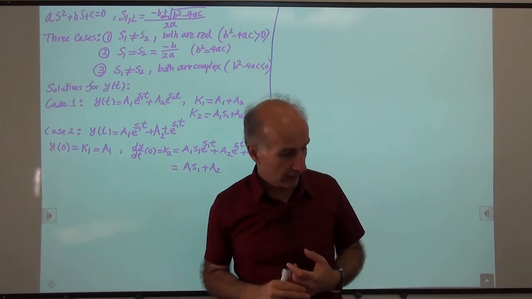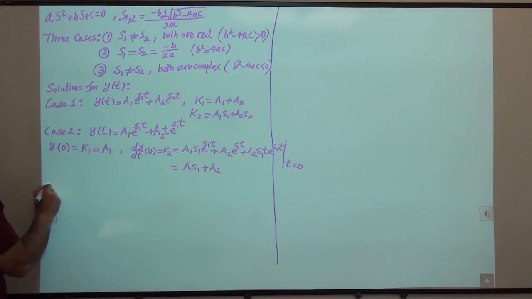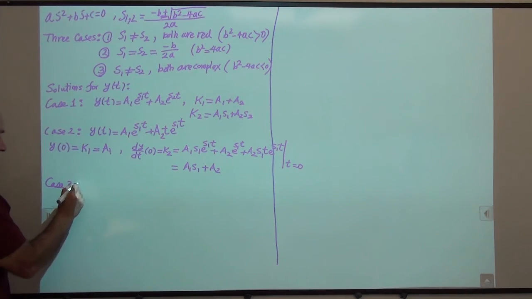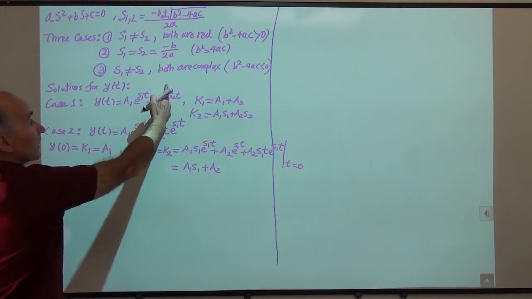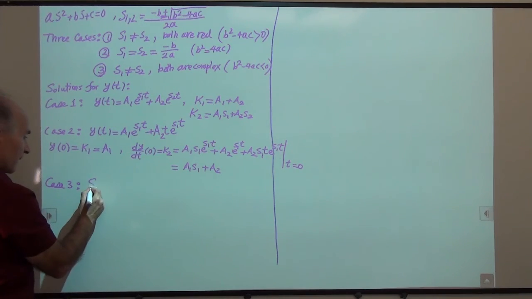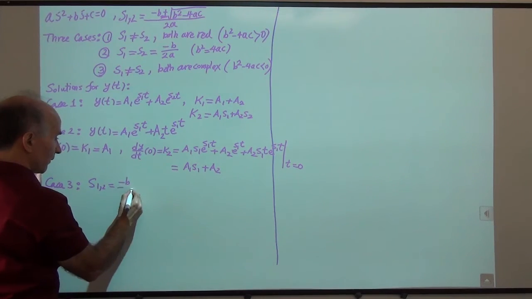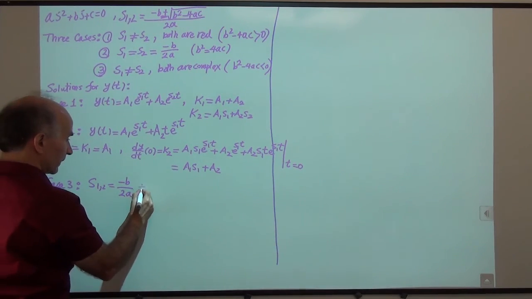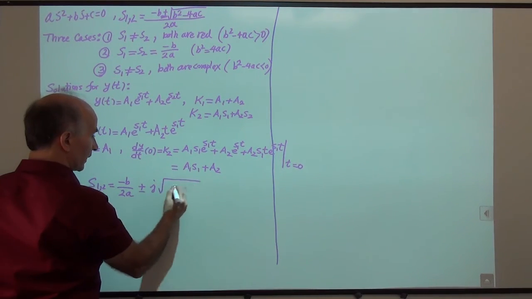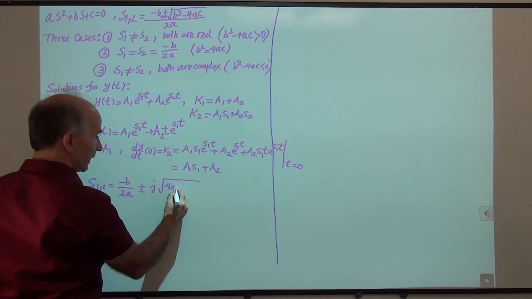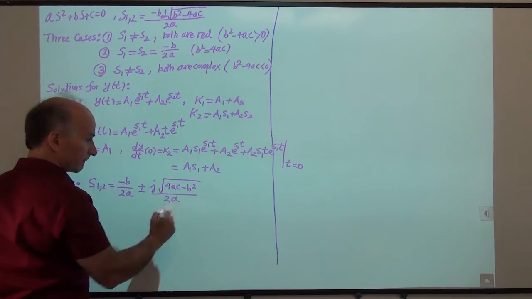Okay, and one last case, case 3, is the following. Case 3 is when the roots are complex. So I'm going to write that as follows. s1,2 is equal to minus b over 2a plus minus j square root of 4ac minus b squared over 2a.